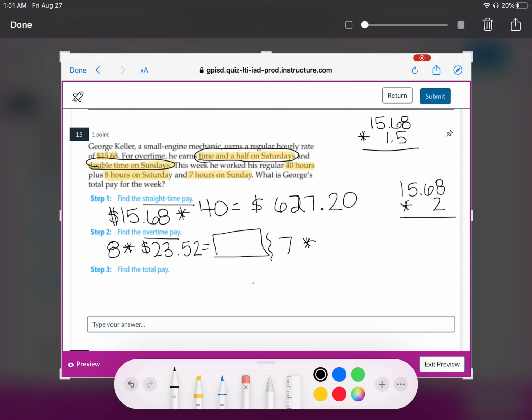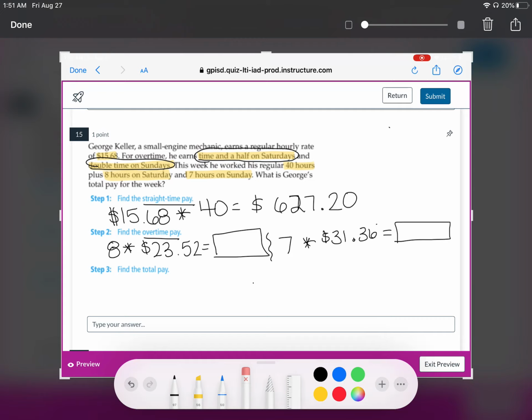If you type that in, 1568 times 2, you should get, not what I just got, $31.36. You're also going to multiply those two numbers. 7 times 31.36, and that's going to give you a number.